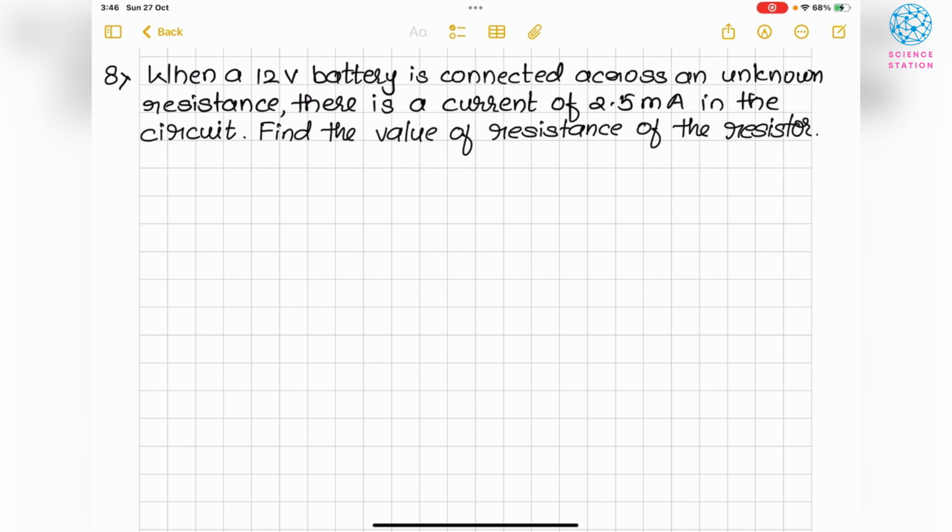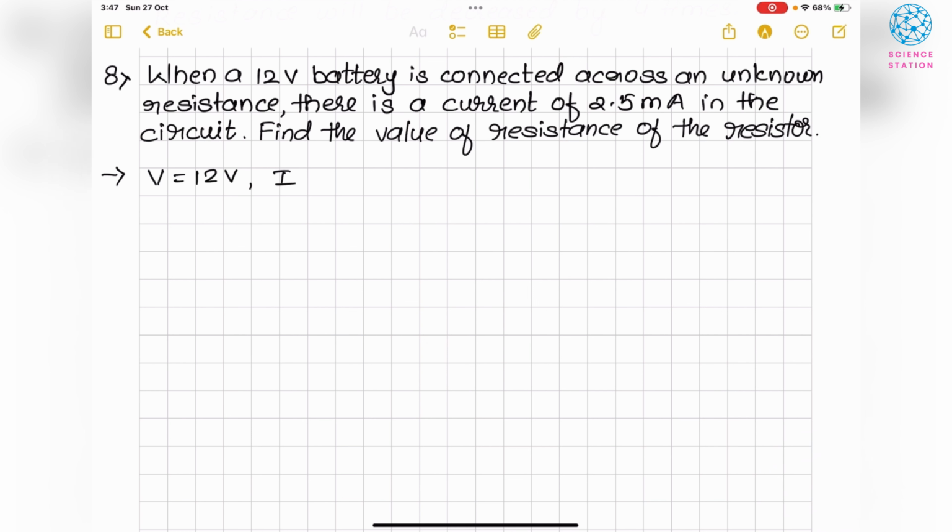Now 8th numerical says when a 12 volt battery is connected across an unknown resistance, there is a current of 2.5 milliampere in the circuit. Find the value of the resistance of the resistor. So here if you see carefully, I am given V equal to 12 volt.